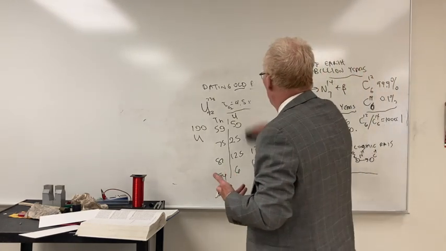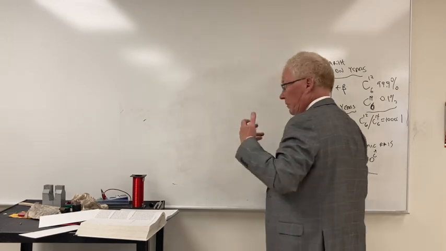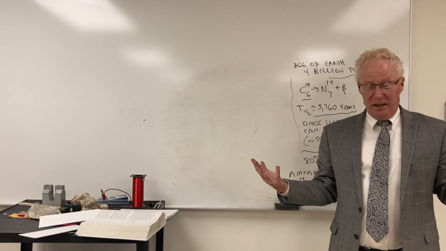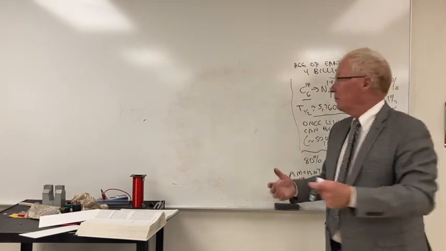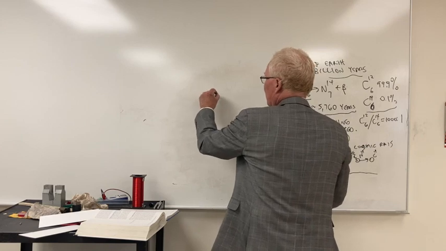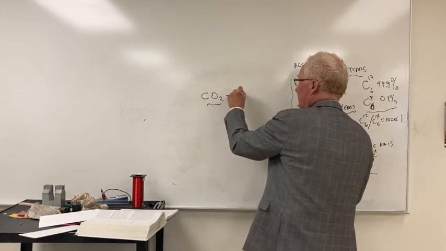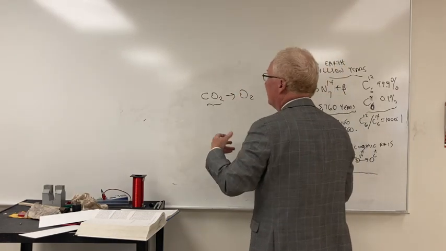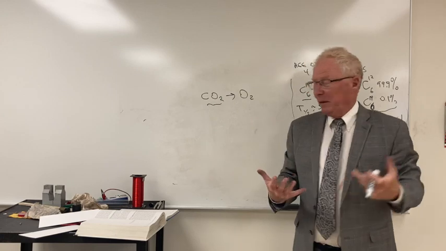So as you breathe in, and plants take in carbon dioxide, photosynthesis involves carbon dioxide, which produces oxygen, and we eat things, they have about the same ratio.